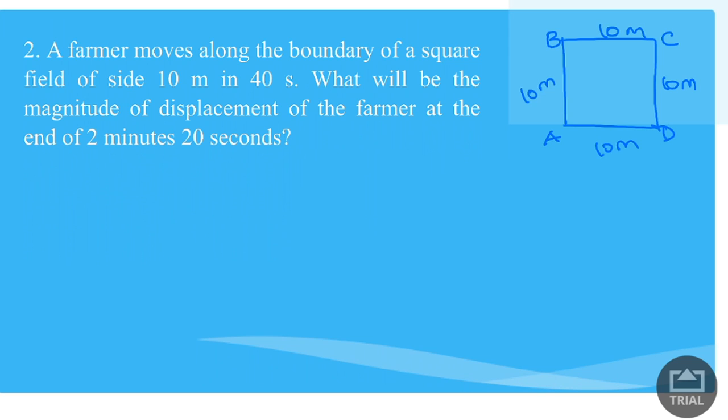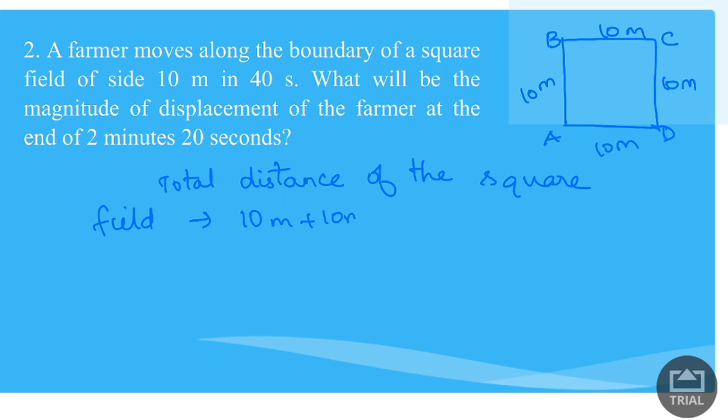So how many meters will be the boundary of the square? Totally 40 meters. The total distance of the field will be 10 meters plus 10 meters plus 10 meters plus 10 meters is equal to 40 meters.